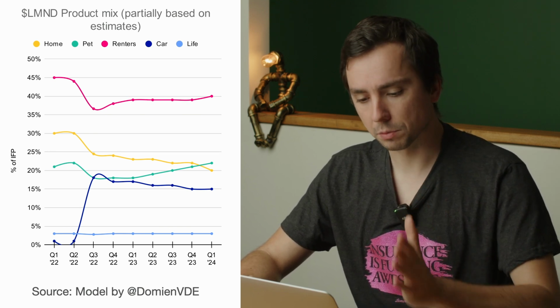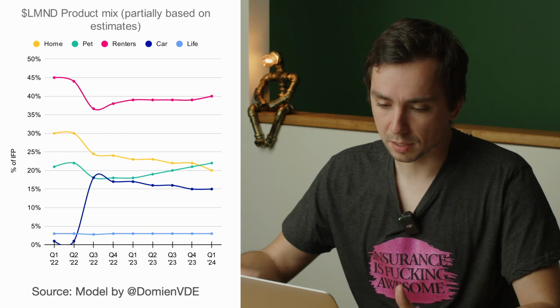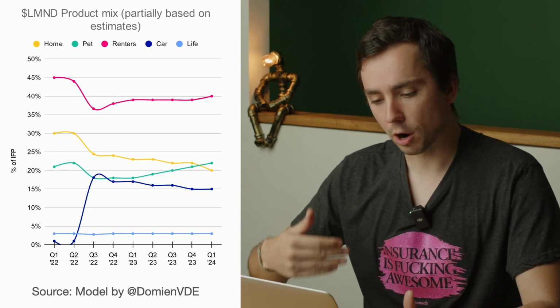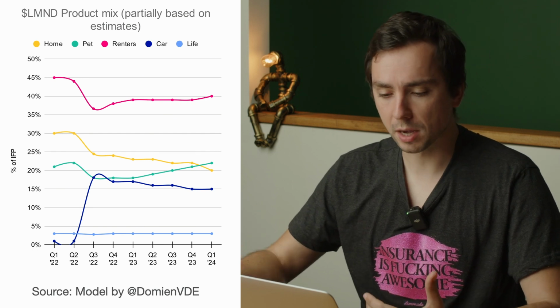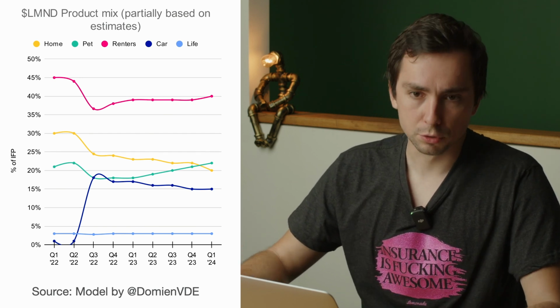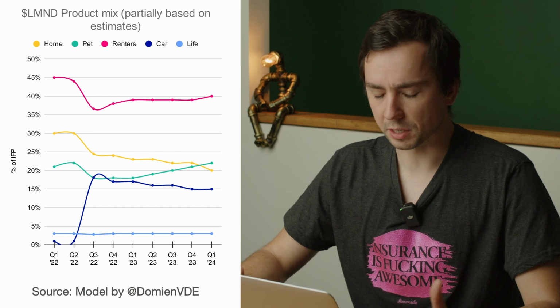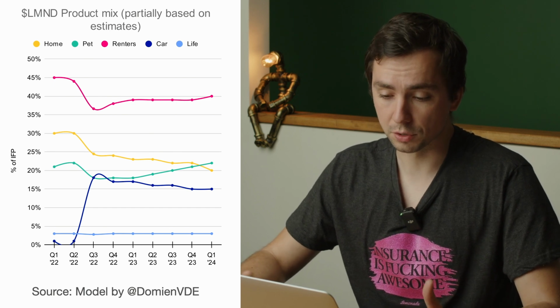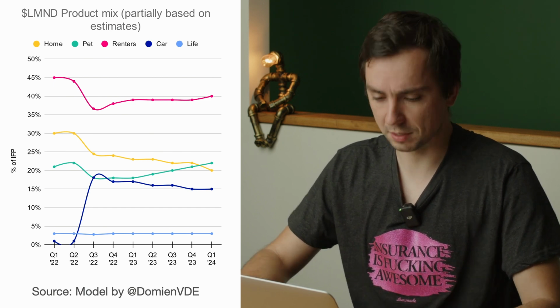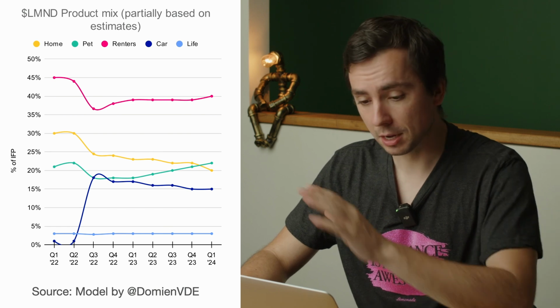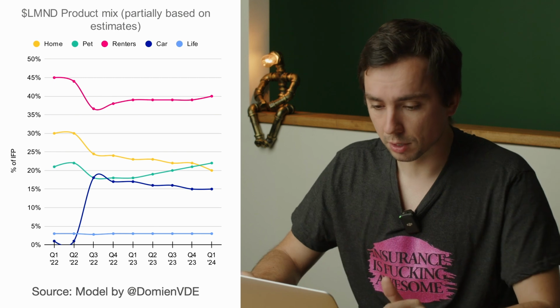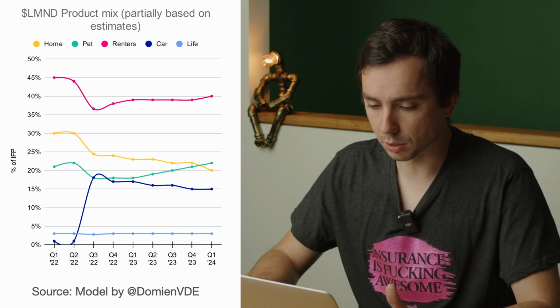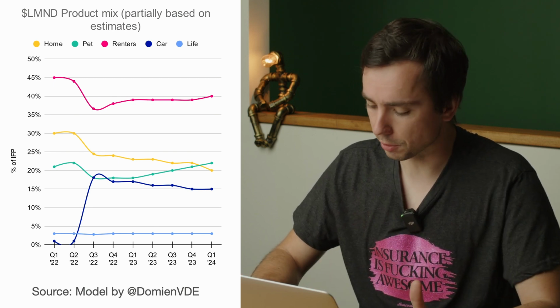So post Metromile acquisition, pet and renters is going up and car and home is going down. Makes sense. Pet and renters make money, car and home lose money, so we are advertising the profitable parts of the business. That's fine. Okay, now that we know how this is going, if you want to have a look at the absolute numbers, you can read them here on the graph.